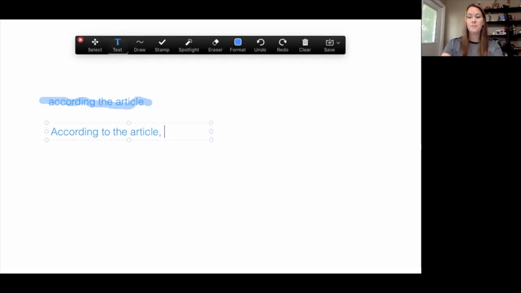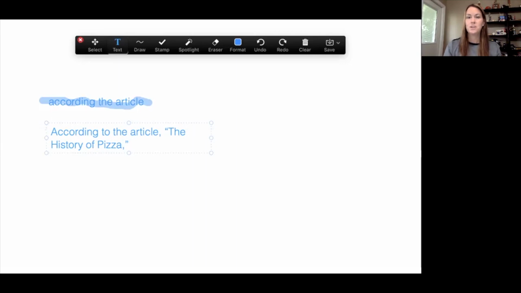And you always put a comma first, and then you use quotation marks with the article title, because it is a piece of a bigger picture. So I'm pulling an article off of a big magazine. According to the article, the history of pizza, comma, and my quotes, all punctuation goes inside the quotation marks.